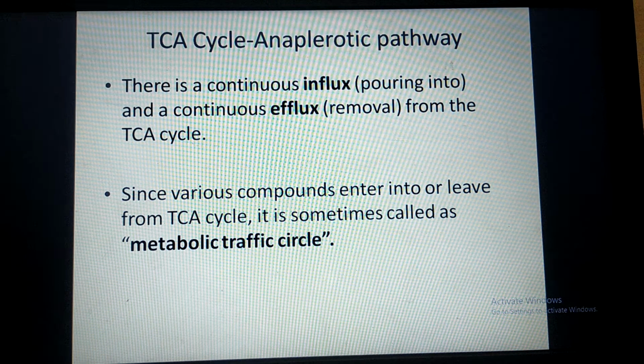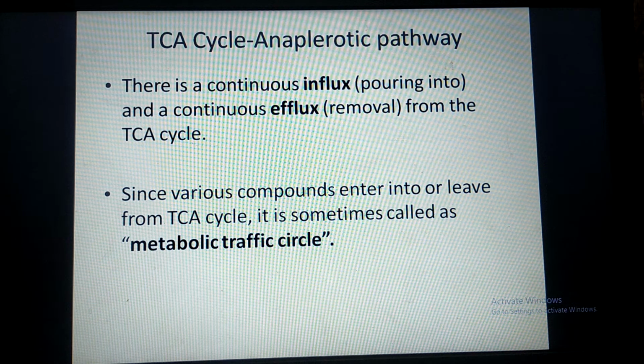This means that the intermediates are continuously added from various sources into the TCA cycle, and as the body requires, the intermediates of the TCA cycle are removed for synthesis of various compounds. So this is called the anaplerotic nature of TCA cycle.